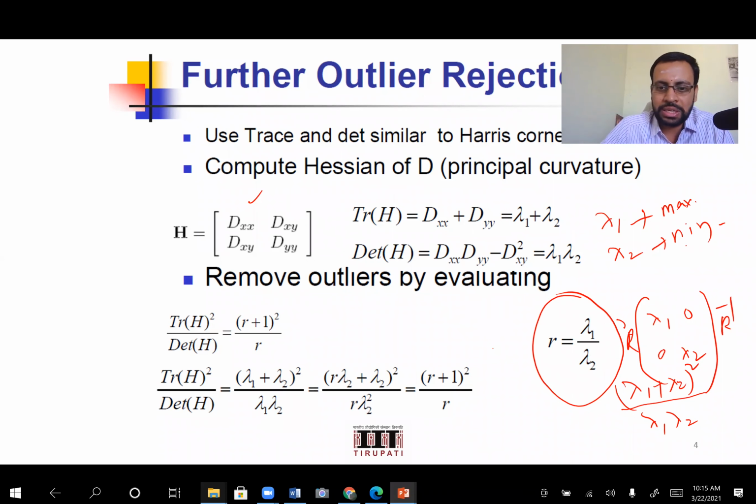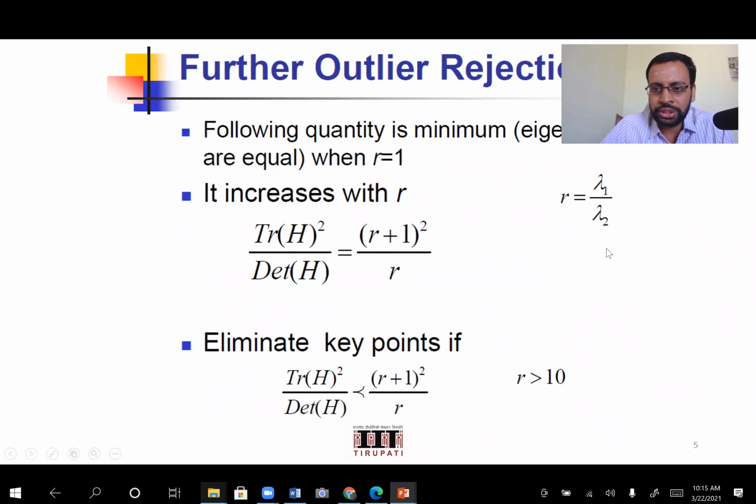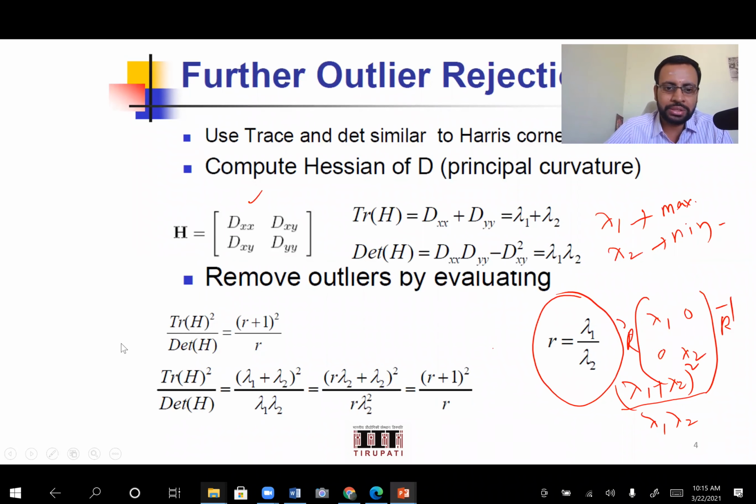So in that case, when this is greater than 10, you will not consider it anymore. I leave it to you; essentially this has to be minimum, and that is very simple math. You could in fact take the first order derivative and make it 0, and look at the second order derivative. That much is good enough here.